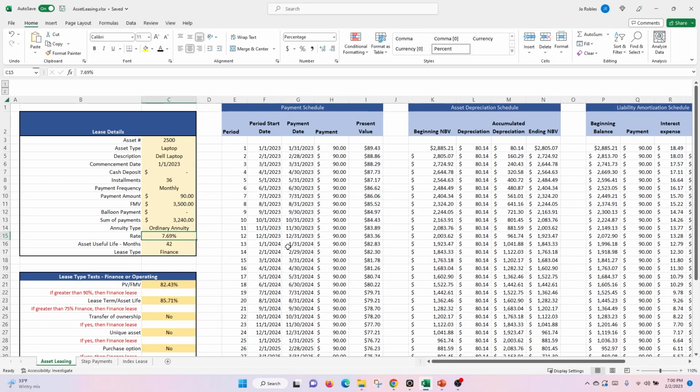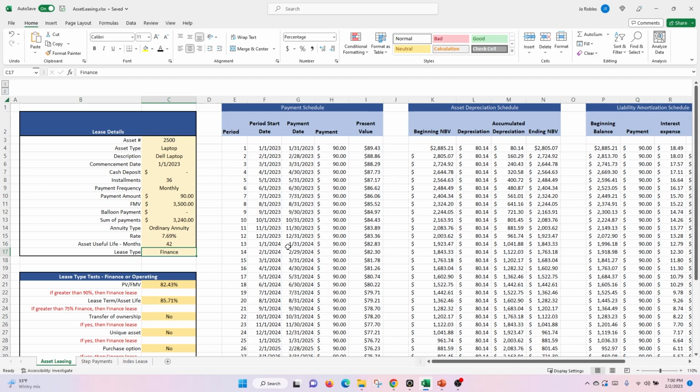Here I have my incremental borrowing rate. What this means is, if our company goes and takes out a loan today, how much interest would the bank charge us? That is an incremental borrowing rate. Here we also have the asset's useful life, which is 42 months.